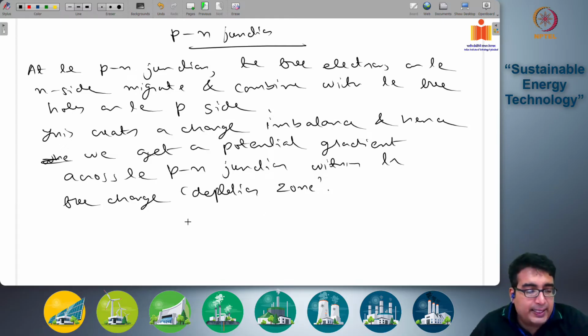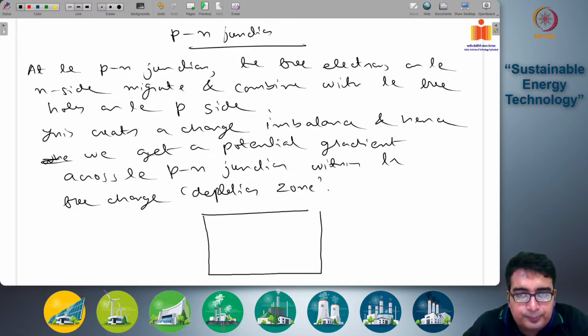So basically what is happening is, if you think of the PN junction like this. This is your PN junction. This is your N side. This is your P side. These are your atoms.